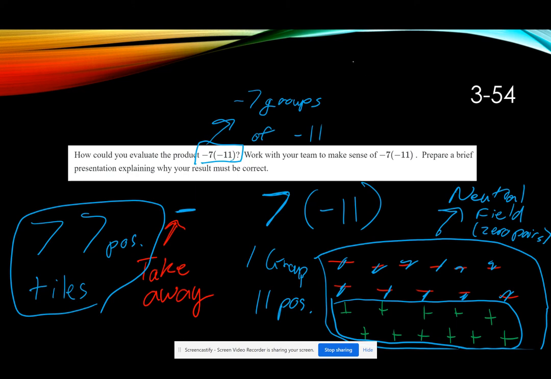So that's why -7 multiplied by -11 gives us positive 77. And you can also think about this in terms of if you're multiplying a negative by a negative, right? Opposite by an opposite, I'd say, then you'd end up with a positive.